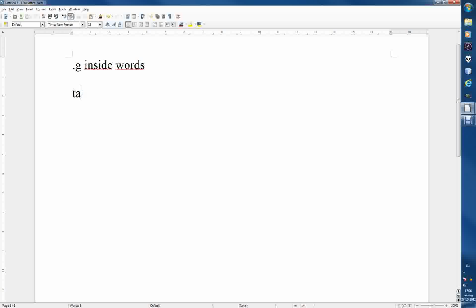So write some words. In this situation, the G becomes, let me just write single G. So the G becomes the y sound, and I'm thinking about an English sound that's familiar, similar.